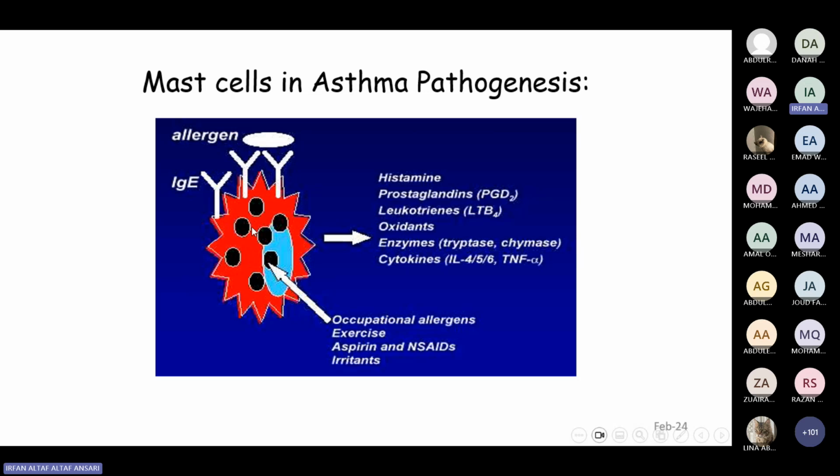You will see mast cell activation in atopic asthma through allergens, or directly in non-atopic asthma, through occupational or environmental allergens, exercise, drugs, or other irritants. And the mast cell will produce these mediators, and these mediators will cause bronchoconstriction.